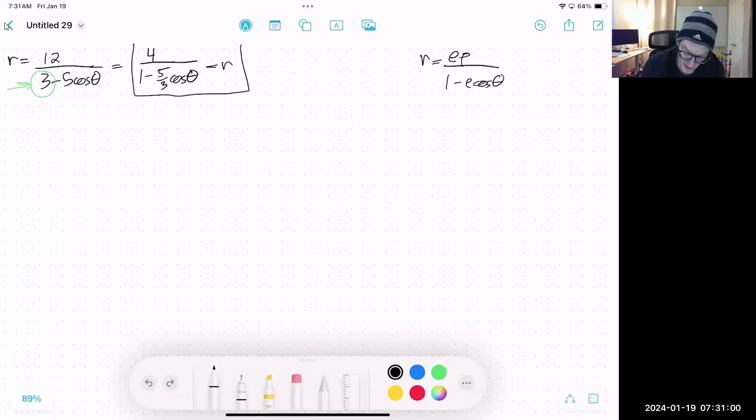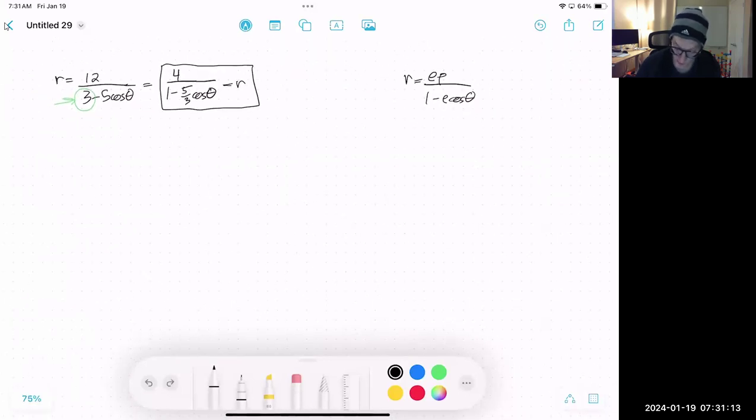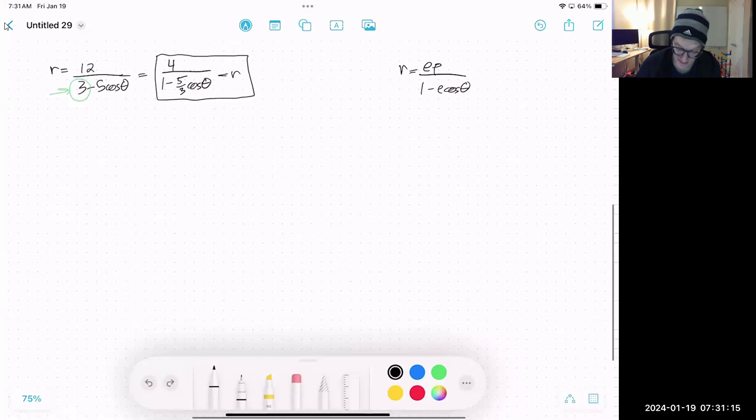I now have an equation in kind of standard form. Based on my previous knowledge, I can tell you that the eccentricity is 5/3, and therefore it is going to be a hyperbola.